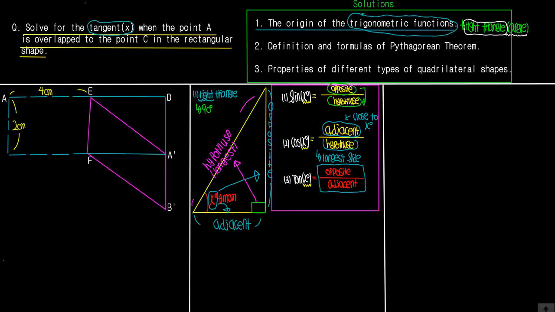So there are three things in total. I guess we can draw it again in a neater way. This is the thing that we have, and if we put all of them together, we call this the trigonometric function values.